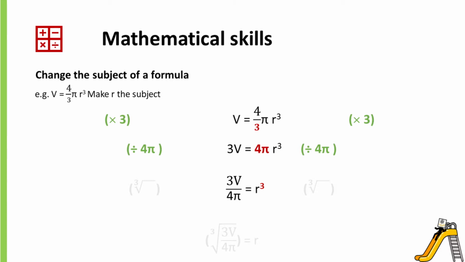And what we know that to be is a cube root. So now we need to cube root both sides. And what this gives us is the r on its own. And then our left hand side now reads the cube root of 3 multiplied by v divided by 4 pi. And that is how we have changed our subject of the formula to r.